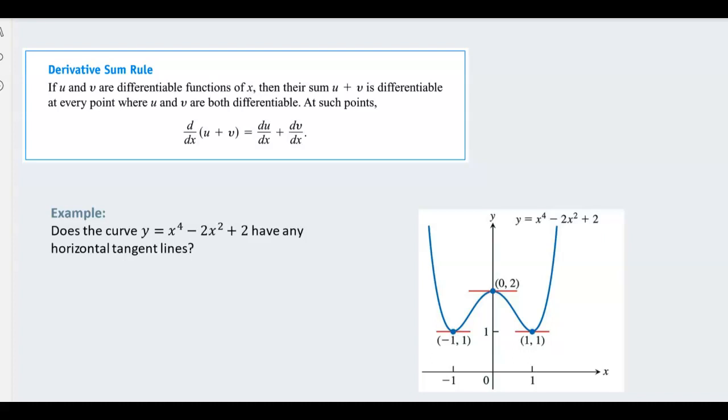This next rule is taking two different functions and then adding them together, or we could subtract the functions. So we want to make sure that if we have two separate functions, we can take the derivative of each of those functions individually. So that's what this proof is going to be.